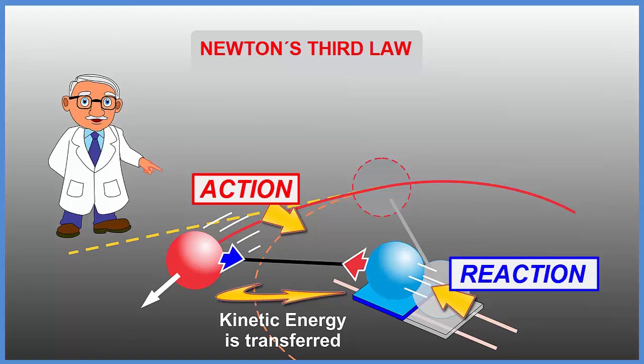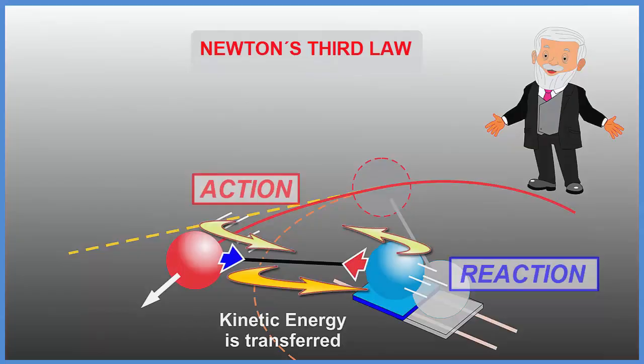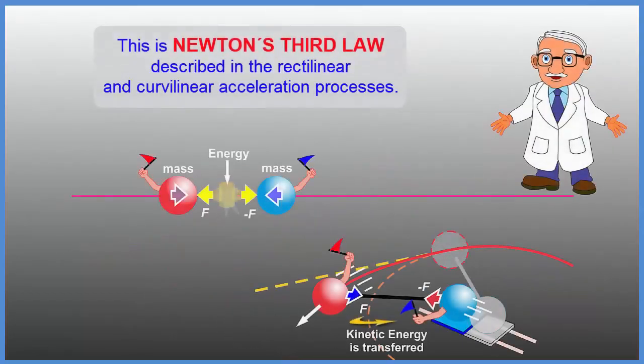Remember, when a body is moving in a curve, it is being accelerated. Again, this is Newton's third law, completely defined with its two internal concepts. This is Newton's third law, described in the rectilinear and curvilinear acceleration processes.